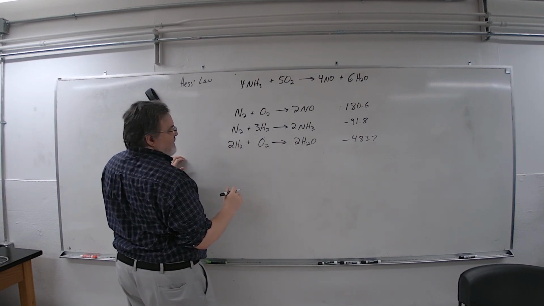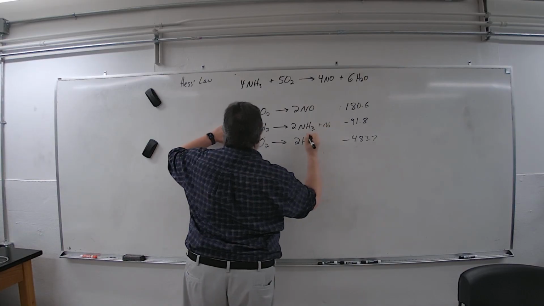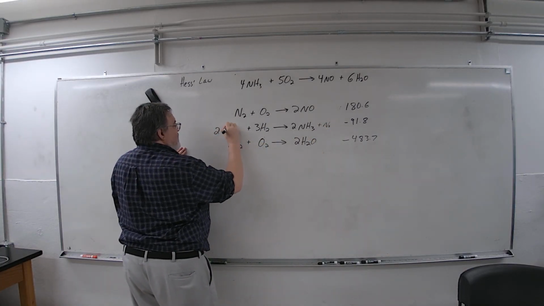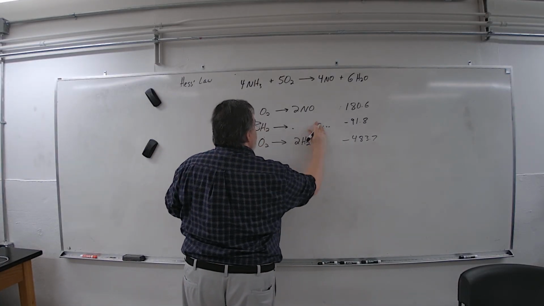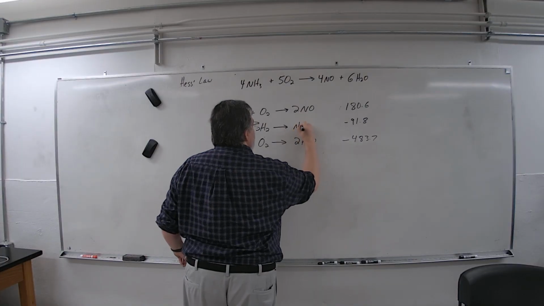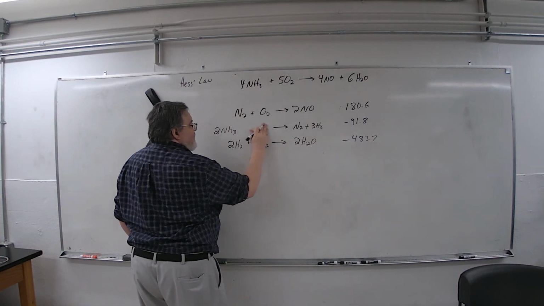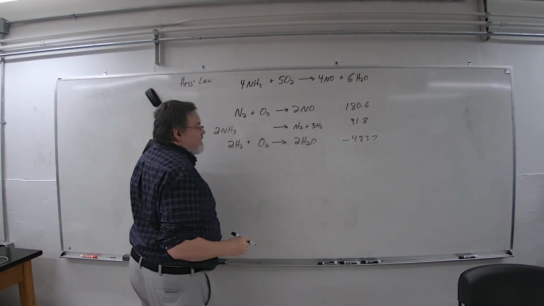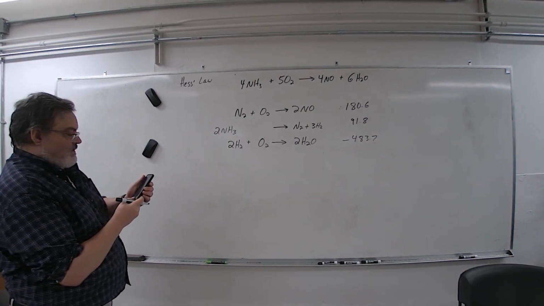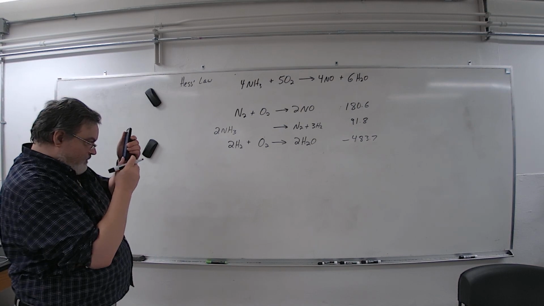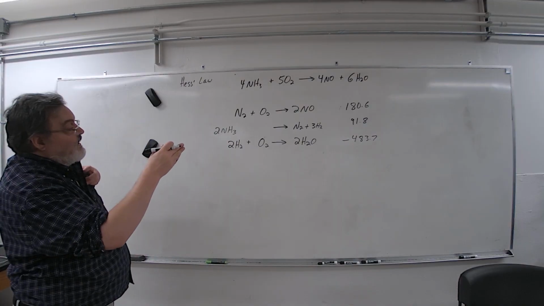So let me try to do these in place. 2 NH3 into, flip that one around, change the sign. It was into 3H2. So I do that, I erase the negative sign.